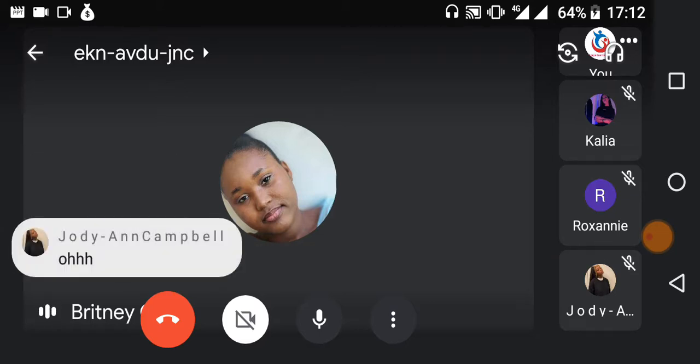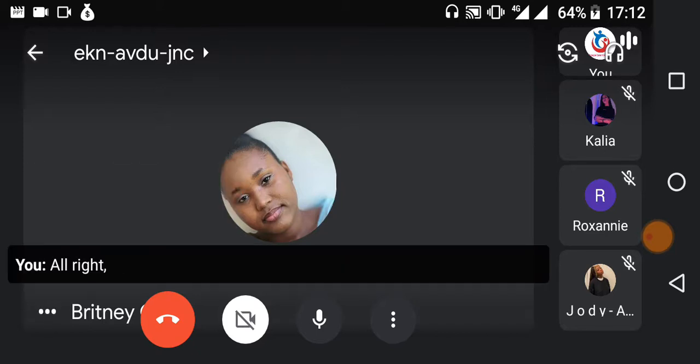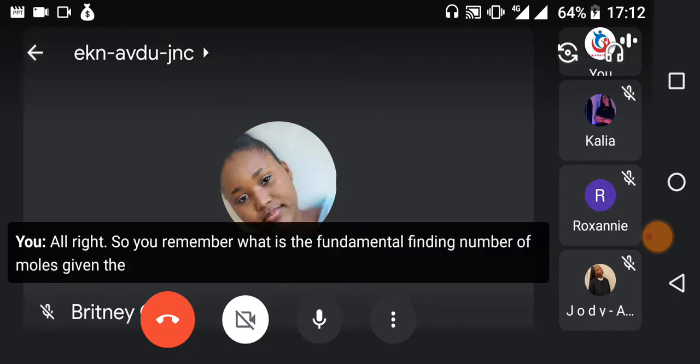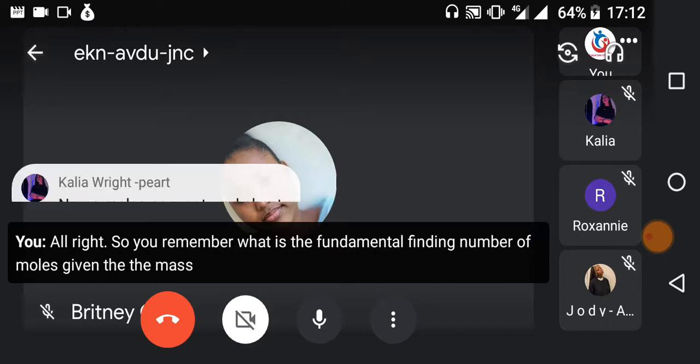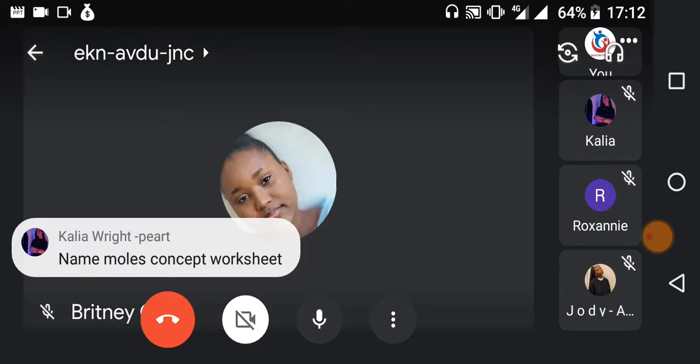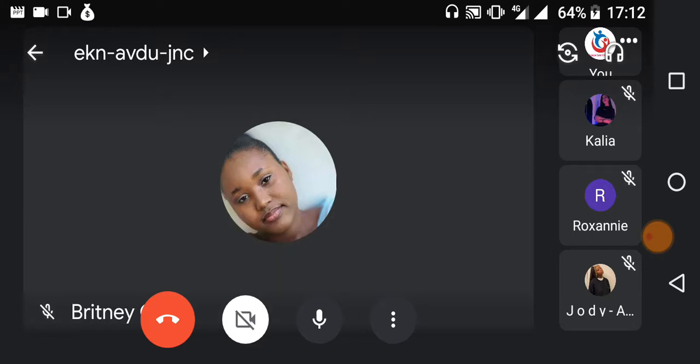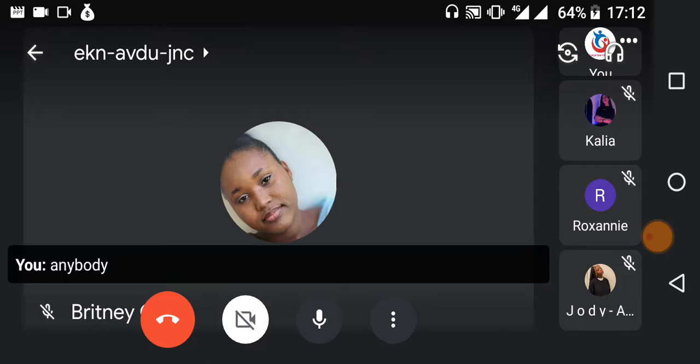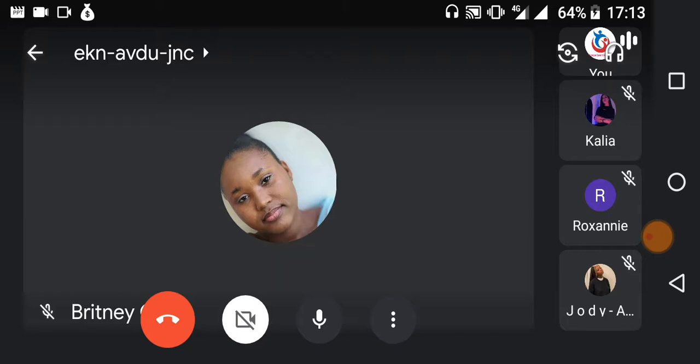All right. So, do you remember what the formula is for finding the number of moles given the mass? Anybody? Write it down now for me because you need to know it.